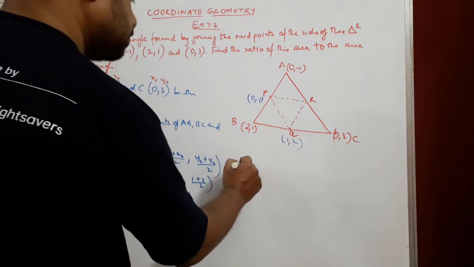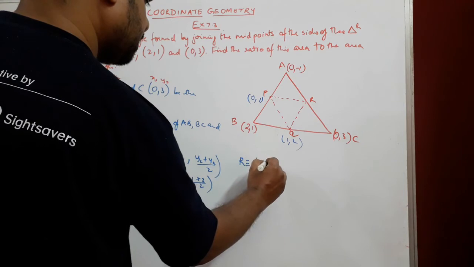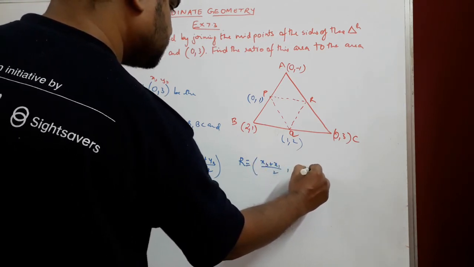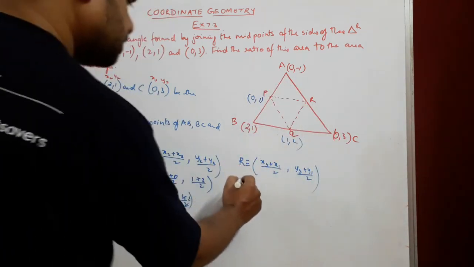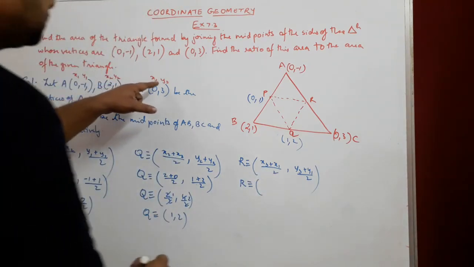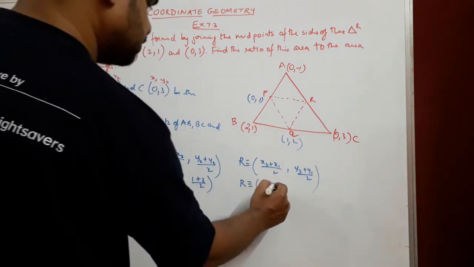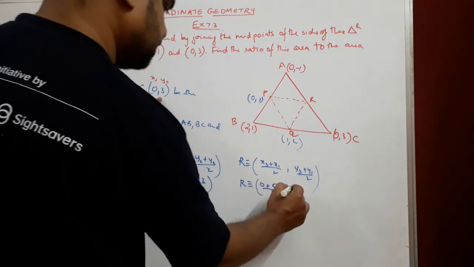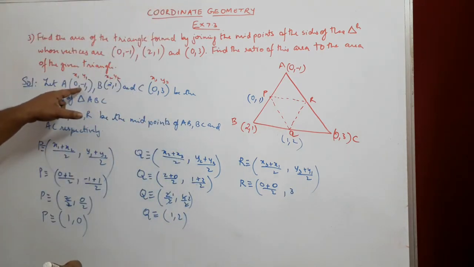And last we come to finding coordinate of R. So that would be (x3 plus x1) upon 2, comma (y3 plus y1) upon 2, because we are taking AC. Now we substitute the values of x3 and x1. x3 is 0 plus x1, which is also 0 upon 2. y3 is 3, plus y1, which is minus 1.